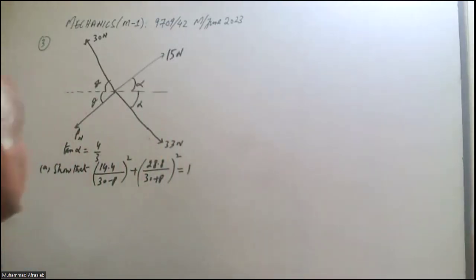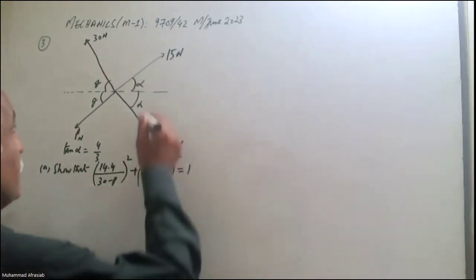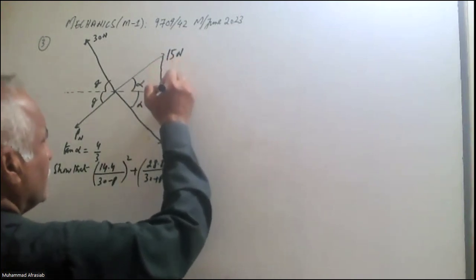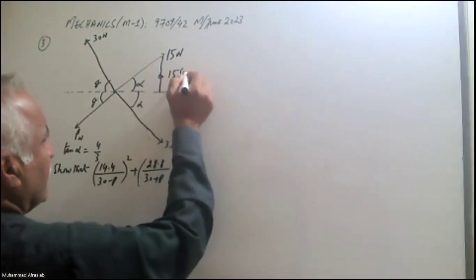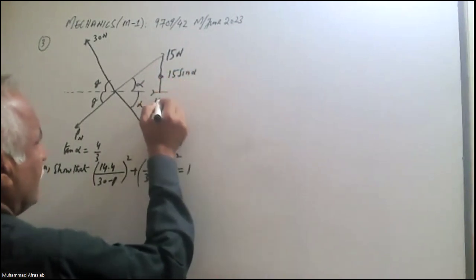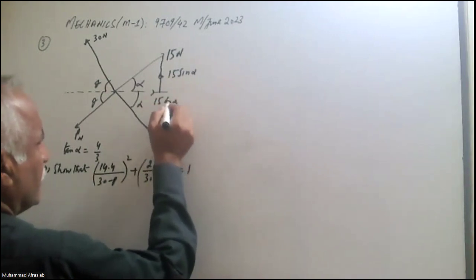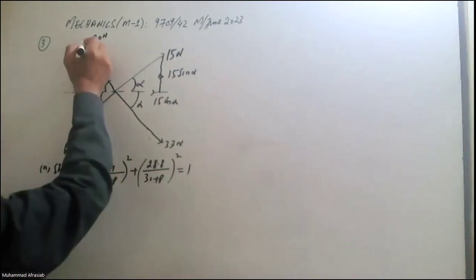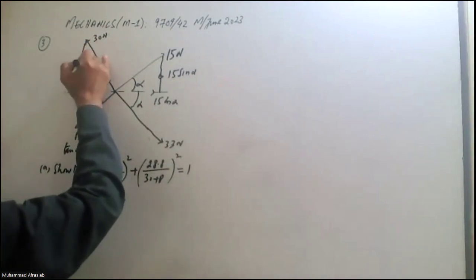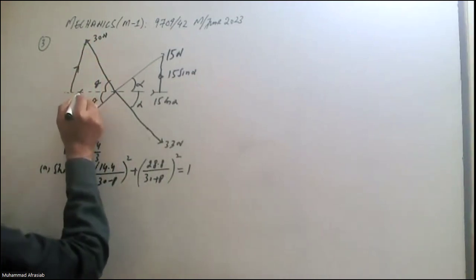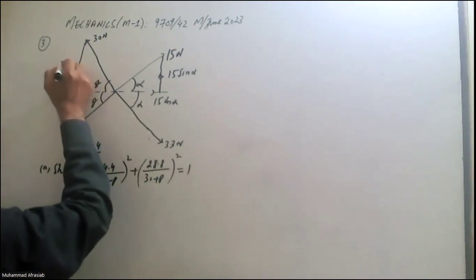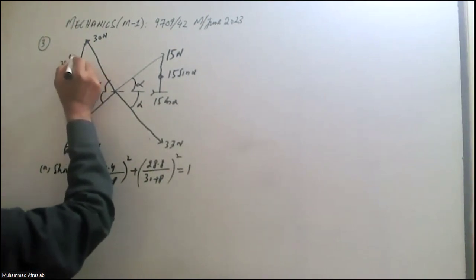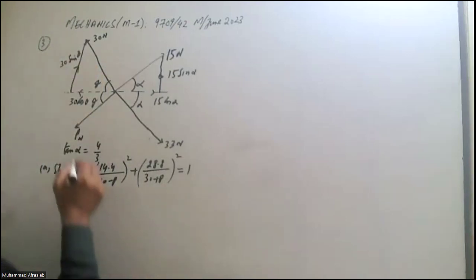Now, let's say this 15 Newton force is going to be resolved into two components. This is 15 sine of alpha and this is 15 cos of alpha. This force is 30 Newton, so it is like this. This will be 30 cos of theta and this will be 30 sine of theta.